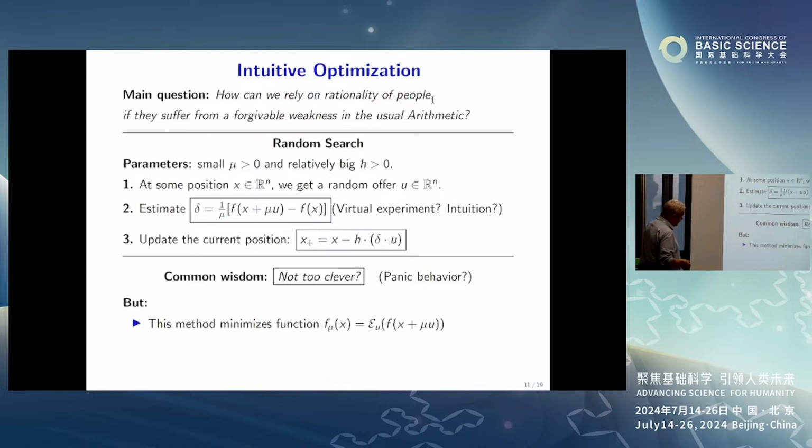And we use random perturbance, small random, and we don't care.